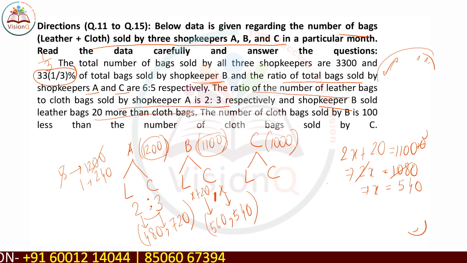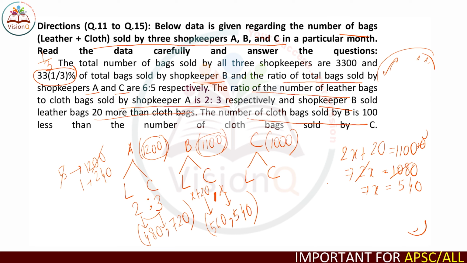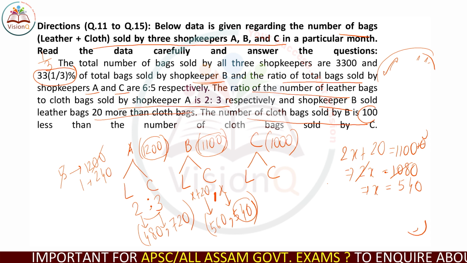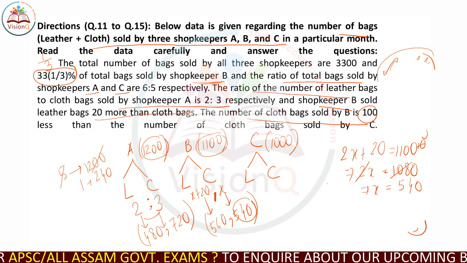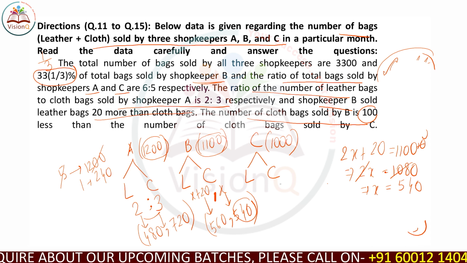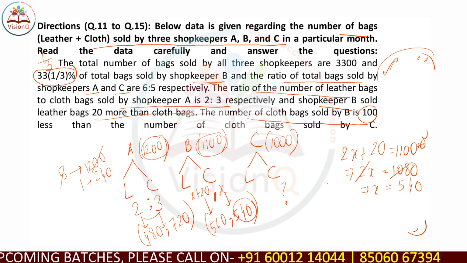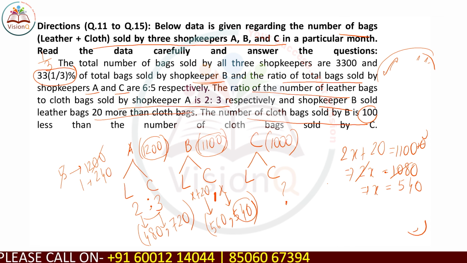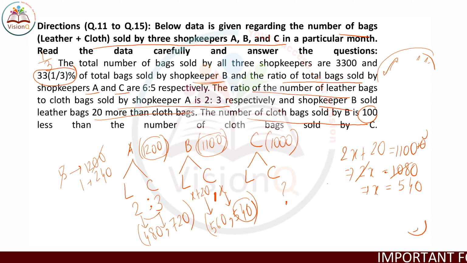Okay, next part is given about the shopkeeper C. Number of cloth bags sold by B, which was how much? 540. Okay, this 540 is 100 less than the number of cloth bags sold by C. If 540 is 100 less than cloth bags sold by C, then cloth bags sold by C is 100 more than 540, isn't it?